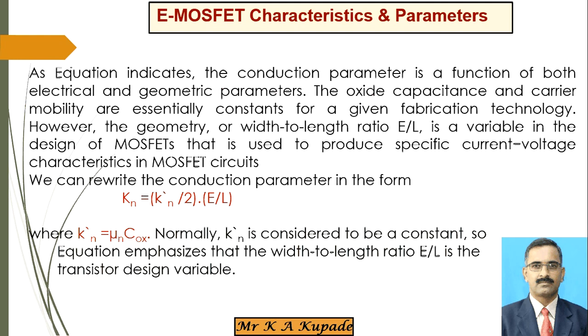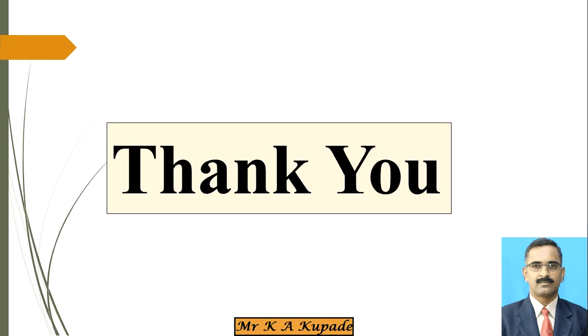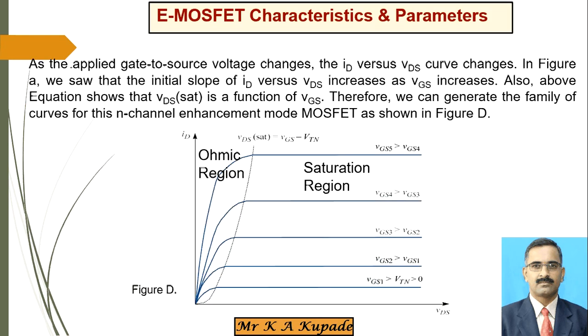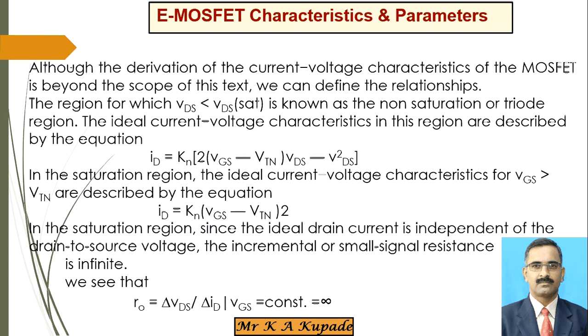These are some of the parameters considered to design the transistor. From these characteristics, it is important to consider ID and VDS as well as VGS. In the ohmic region, a very small amount of current flows, or no current flows.